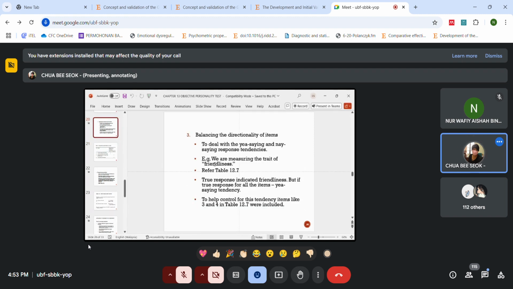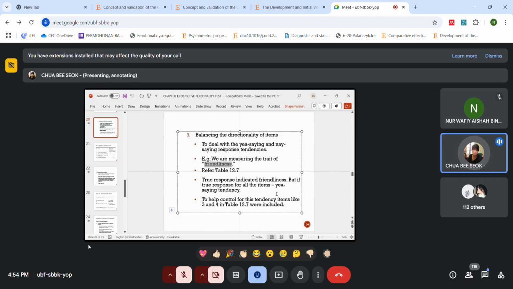I'll go back to this one. So this measures friendliness. A true response indicates friendliness, but if true response for all items, that person has a yes-saying tendency. To help control for this tendency, items like item 3 and 4 were included.